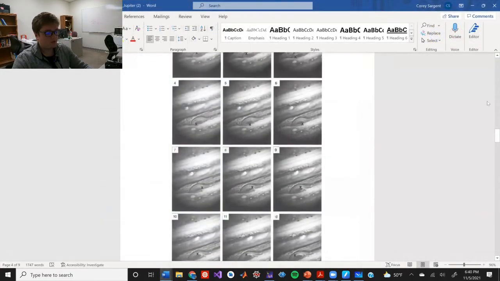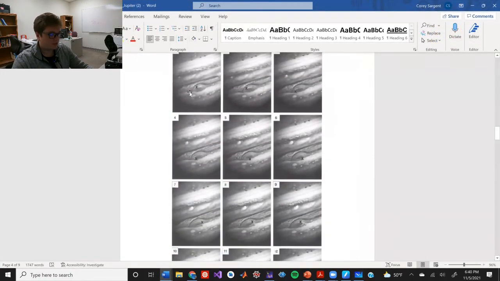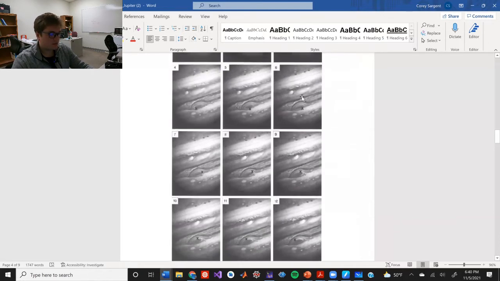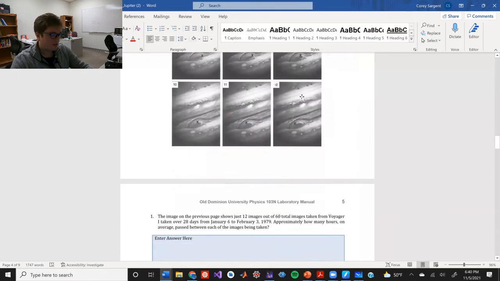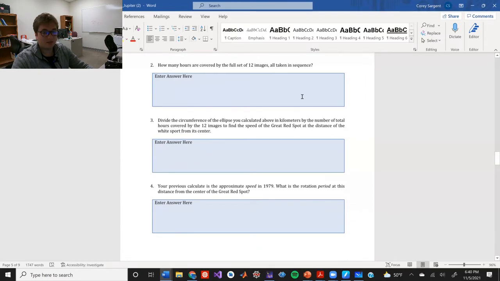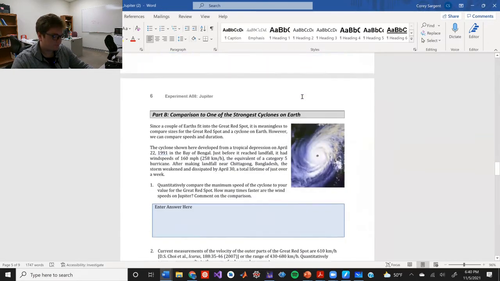So we have just found the velocity of this little point x around the pretty much outer edge of the Great Red Spot, right? And since this x is supposed to represent some point that we saw of the Great Red Spot, this velocity is a good estimation of the wind speeds in the outer edge of the Great Red Spot.